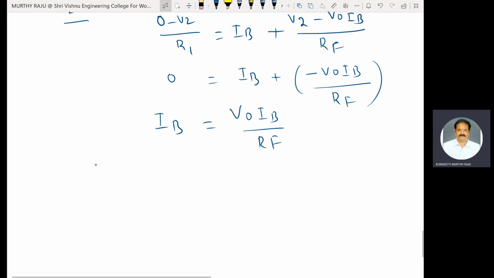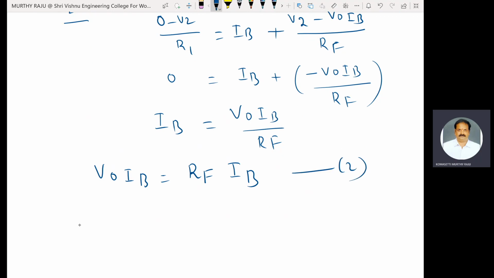Therefore, the output offset voltage due to input bias current IB is equal to RF into IB. This is equation number 2. The total output offset voltage is equal to the output offset voltage due to VIO, the input offset voltage, plus the output offset voltage due to input bias current IB.